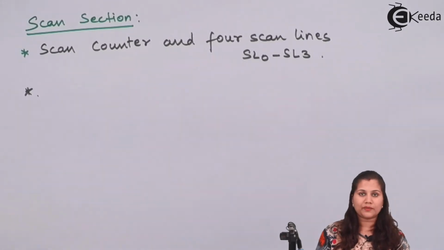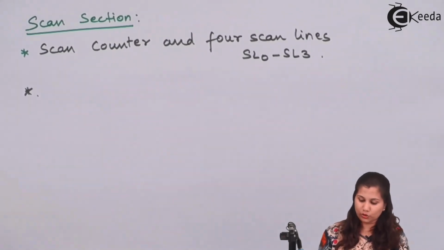there are 2 types of scan in it. One is the encoded scan and second is the decoded scan. So what is the difference between these two?